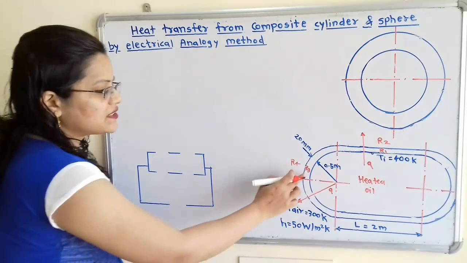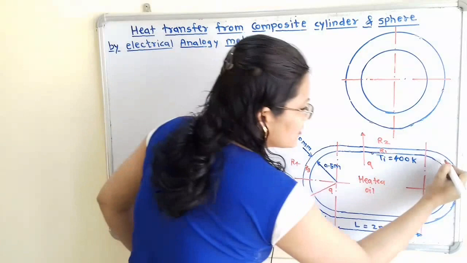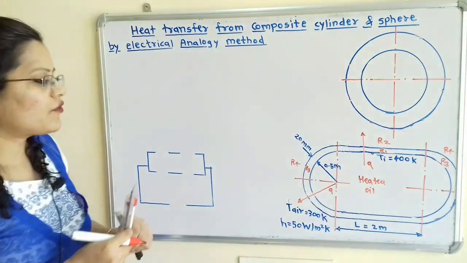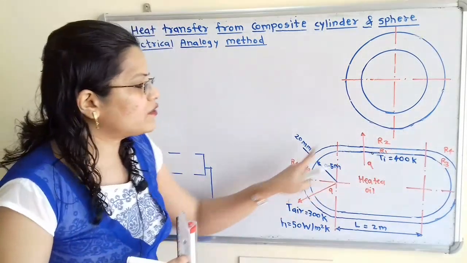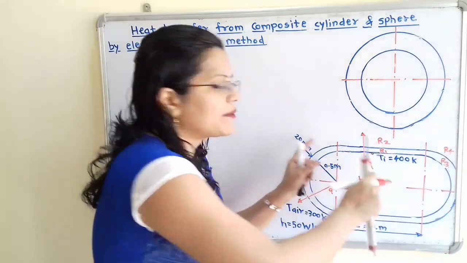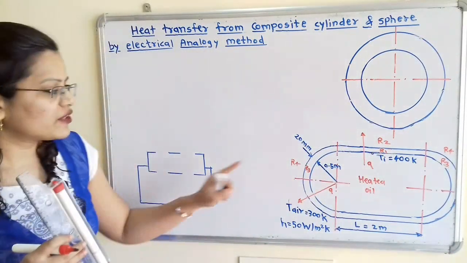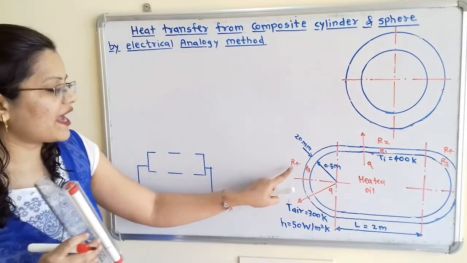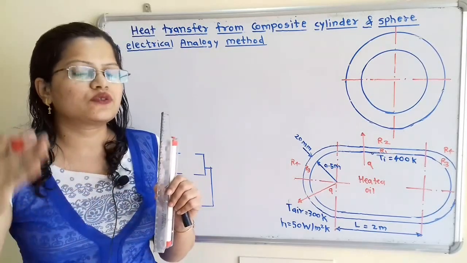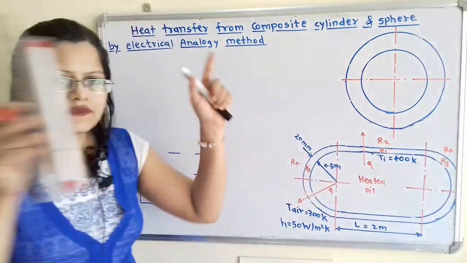Now the same resistances apply for the second hemisphere, so here 2 times R3 and 2 times R4 are there. If we combine these two hemispheres, then it becomes a complete sphere. So while calculating R3 and R4, we will use the formula for heat transfer through a sphere, because this combination becomes the complete sphere.